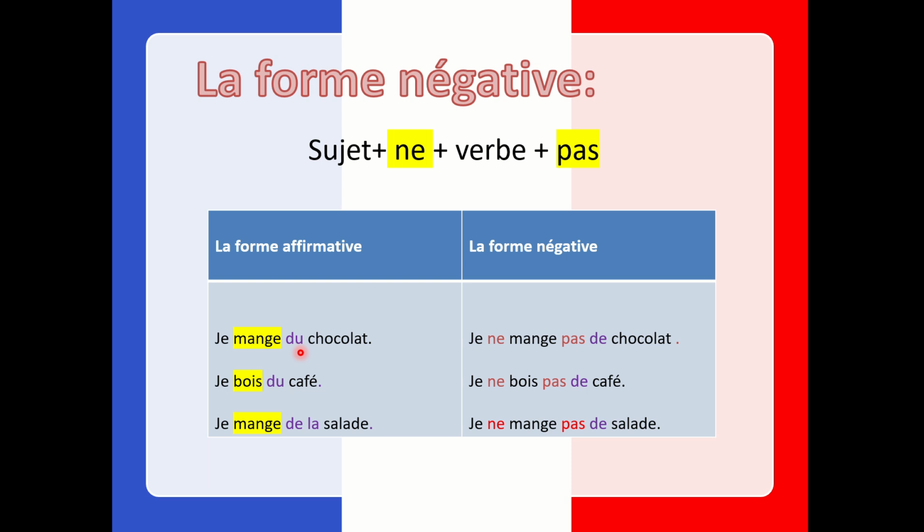If you have de la, you will put de. If you have de l', you will put de, etc. Okay? So this is the second change. Je mange du chocolat. Je ne mange pas de chocolat, not du chocolat. Je bois du café. Je ne bois pas de café. Je mange de la salade. Je ne mange pas de salade. Very easy.